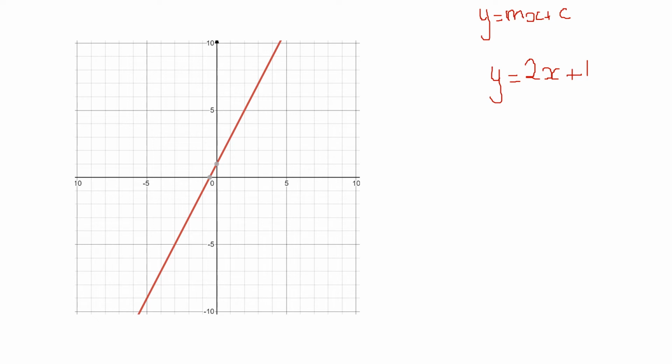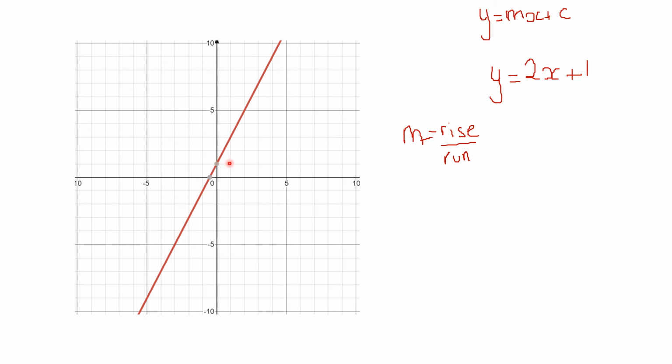What we could also do though is we have a little formula for the gradient, which is m is equal to rise over run. And by rise, what I mean is how far we go up or down, either or, but we're going up positive 2, and our run, so how far do we run across our x-axis?